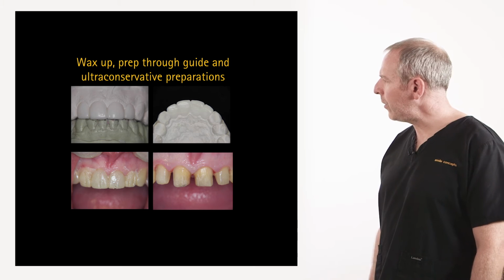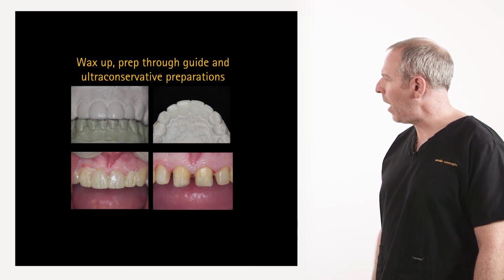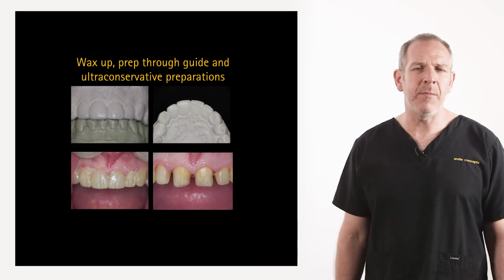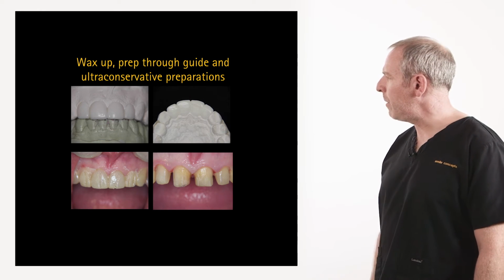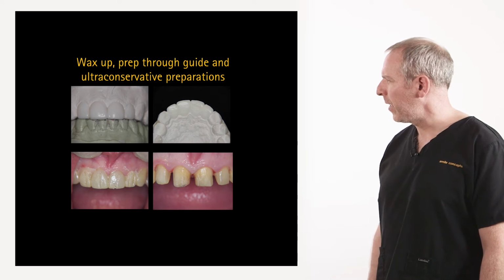We are eliminating undercut, and we are cutting a very minimal finishing line, a minimal chamfer, and then approximately 1.5 mm reduction. So these are not your classic conventional destructive metal ceramic crowns. These are ultra conservative crowns that make use of modern all ceramic materials, and these would be suitable for either e.max or zirconia type crowns.